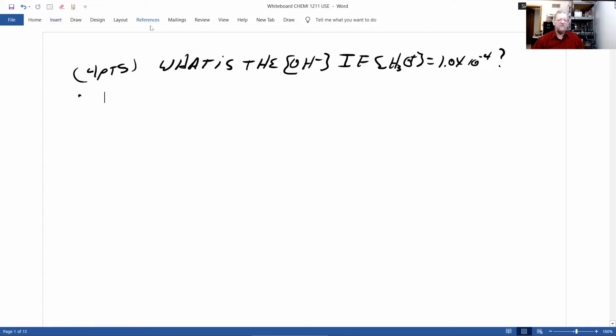And the following is, what's the hydroxide concentration? Remember, concentration really means moles of solute, whatever is in the bracket, per 1,000 milliliters.